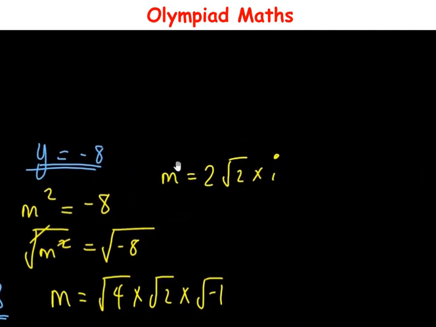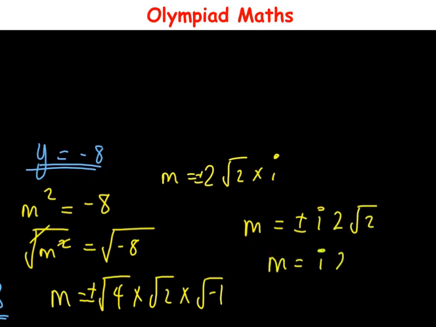So the value of m is equal to plus or minus i times 2 root 2. So m is equal to i times 2 root 2, and m is equal to minus i times 2 root 2. So we have gotten the solution for m, but the goal is to solve for x.